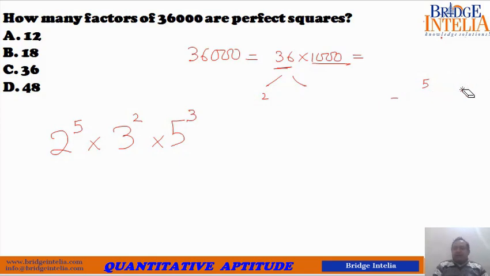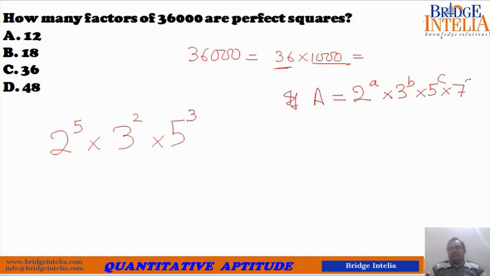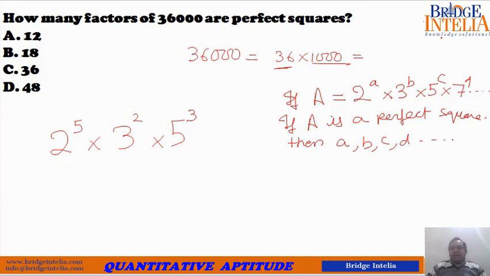Now what's the speciality of a perfect square? Any number which is a perfect square, if A is equal to 2 to the power a into 3 to the power b into 5 to the power c into 7 to the power d and so on, then a, b, c, d and so on are all even.